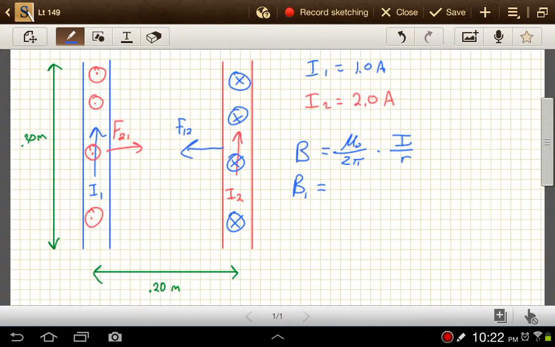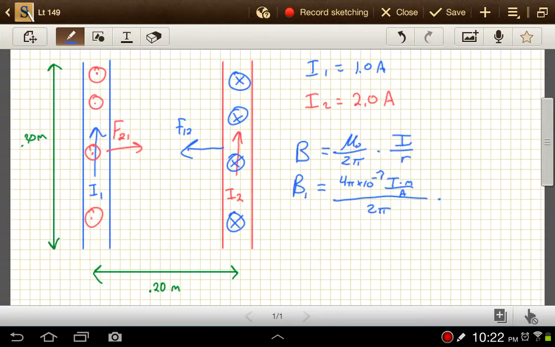to be mu naught, which is 4 pi times 10 to the negative 7th Tesla meters per amp, divided by 2 pi times the current, that's the current of this wire, because we're looking at the magnetic field created by this wire.